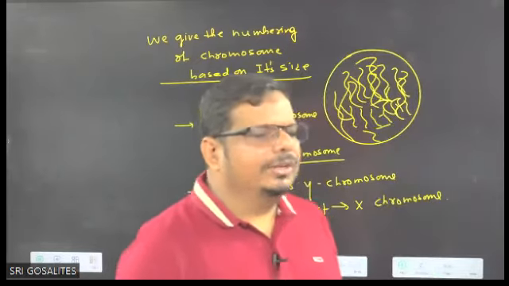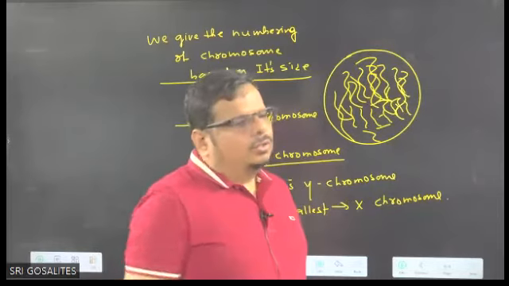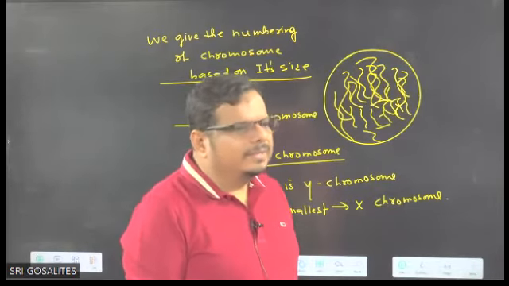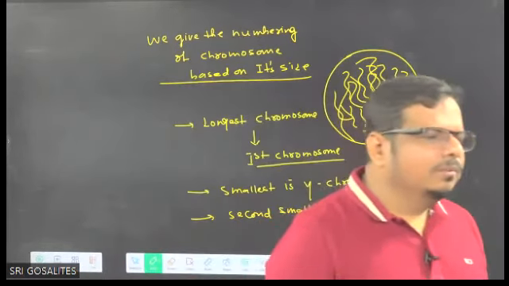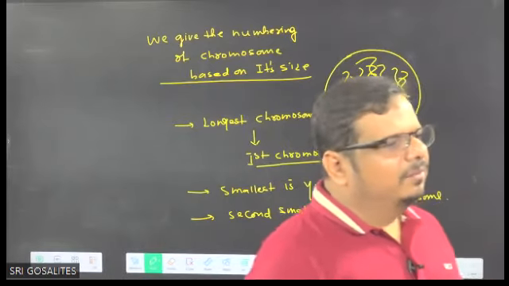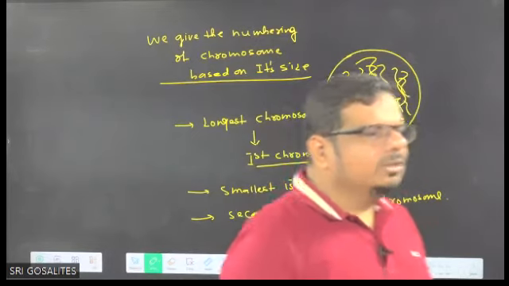Don't worry. Have a look here at what I want to say. So you got the first. Tell me, will you be confused in future in your life about which is the first chromosome, the second, the third? You can say according to size.